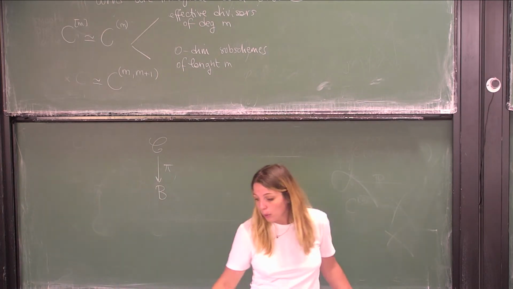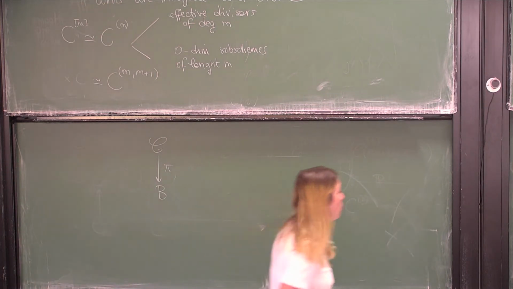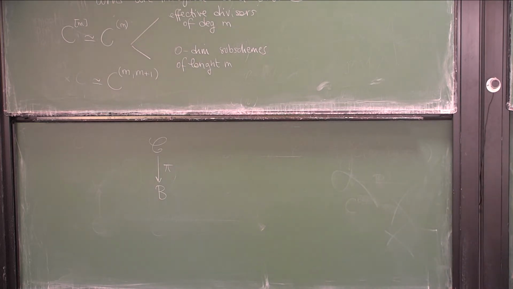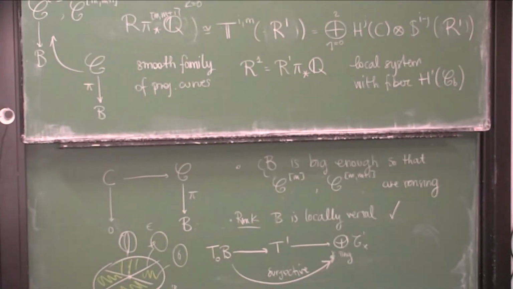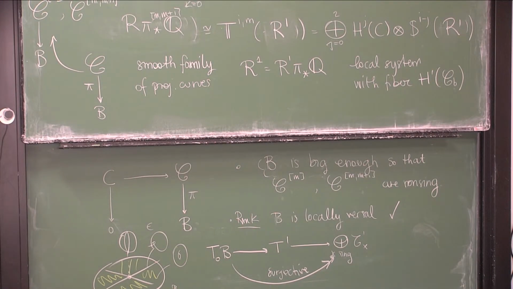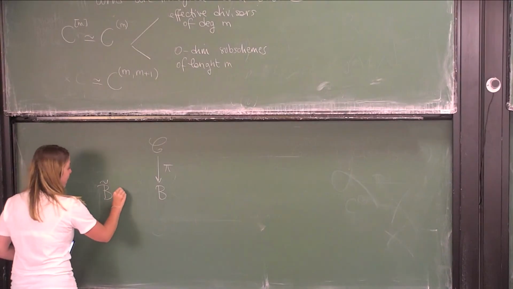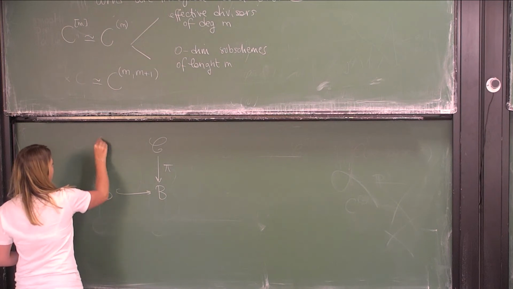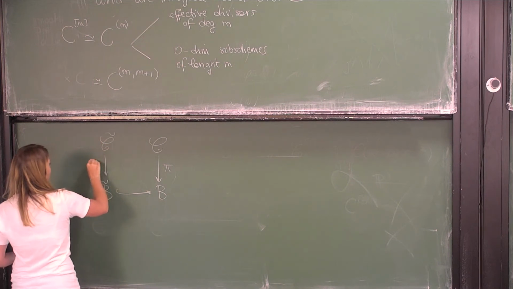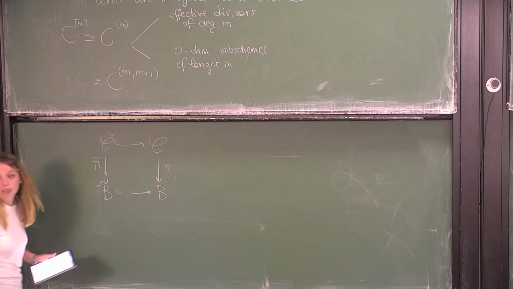But indeed, we will always find an open set, which we can, for example, call B tilde, in which we are in the same situation as before, so that our family restricts to a smooth family. So let me call B tilde the open set, and pi tilde the restriction.